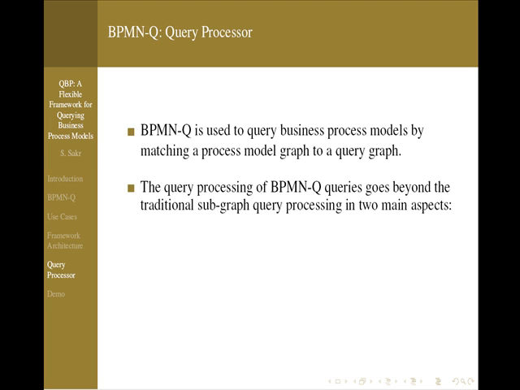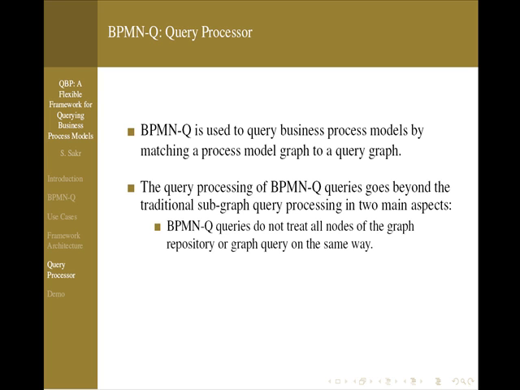However, the query processing of BPMNQ queries is more challenging, and goes beyond traditional subgraph query processing in two main aspects. The first aspect is that BPMNQ queries don't treat all nodes of the graph repository or graph query in the same way, so each node has its own type and its own characteristics. So one node can be an activity, one node can be a gateway, one edge has a specific characteristic and state, and so on.